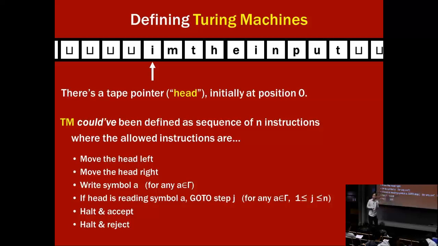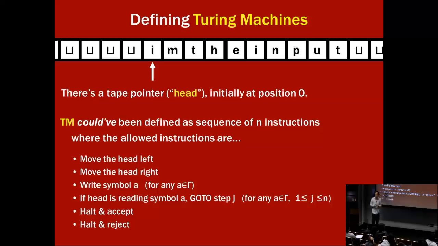And there's basically the assembly language jump-if-zero or jump-if-whatever instruction. It's a combination of an if and a goto: if the head is reading some particular symbol A, then go to step J. You can have that instruction for any tape symbol A and any line number, if you will, J. And finally, these Turing machines are supposed to process their input if they're solving a decision problem, and either accept or reject, just like DFAs. So we're going to have a halt-and-accept instruction and a halt-and-reject instruction.